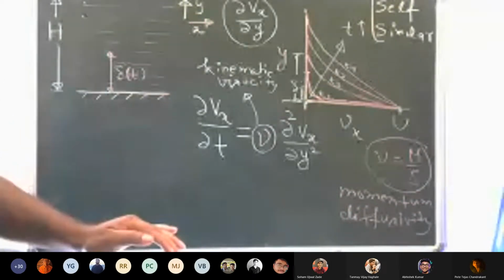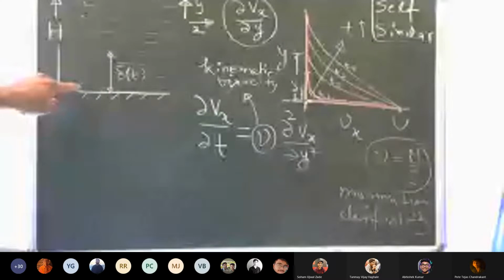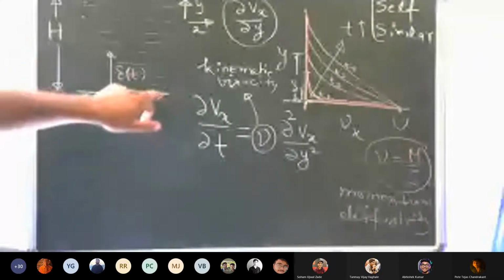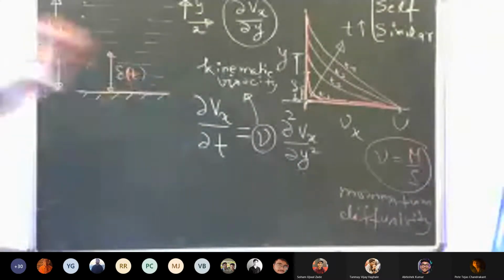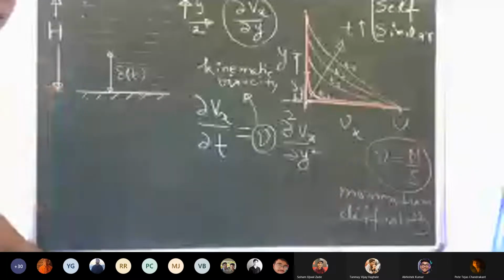If liquid, when you are pulling it, generally we say we have a no slip condition at the wall. What does it mean by no slip?